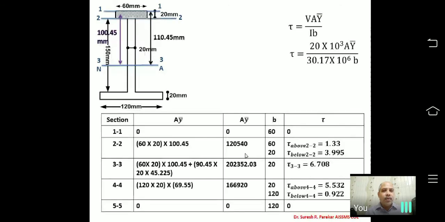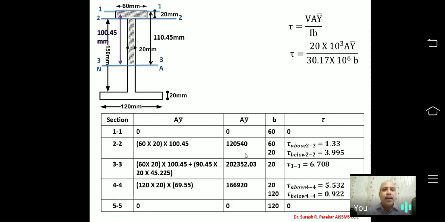So area above neutral axis we have that already, we have 60 into 20. Now added is 100.45 minus 20, that is 90.45, because already flange we have taken 60 into 20 into 100.45.